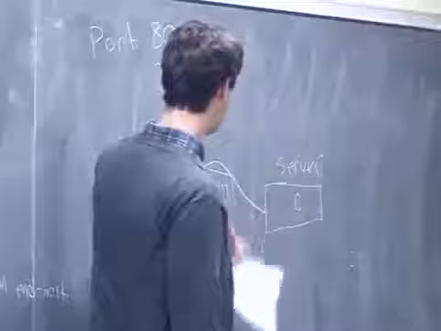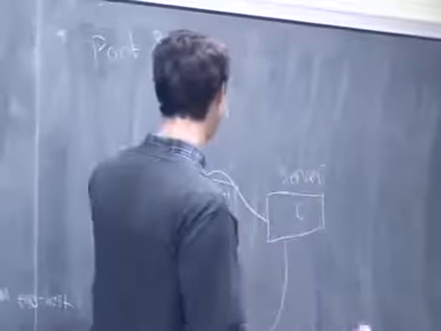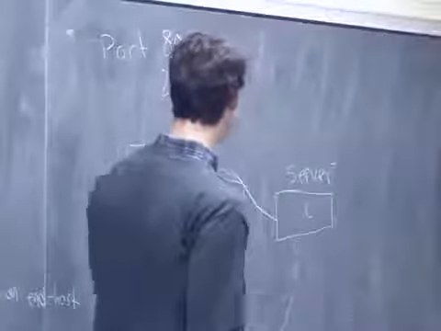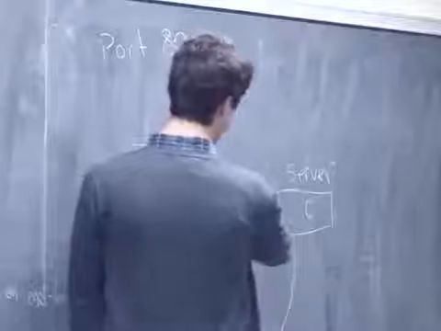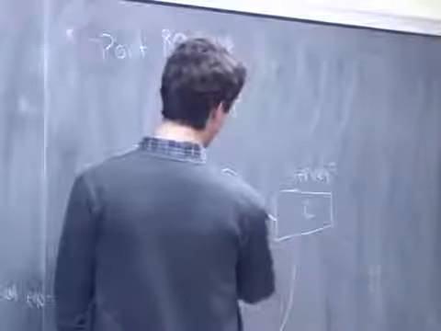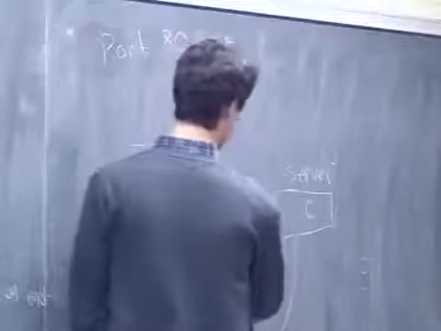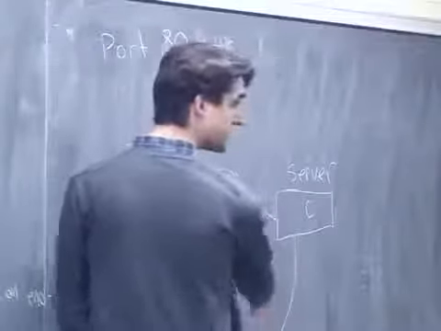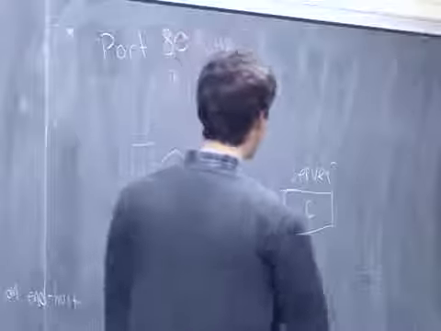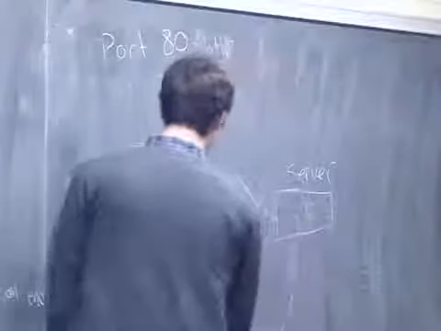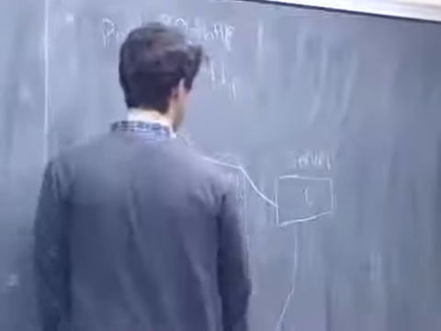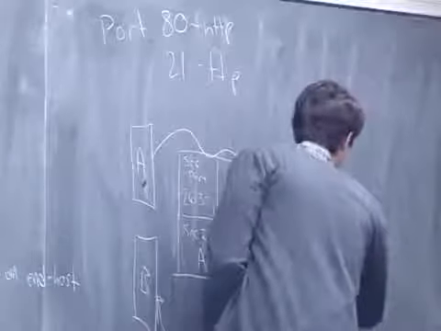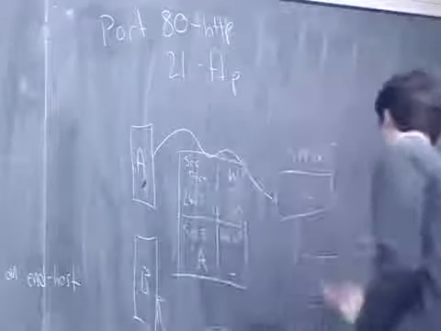So now, similarly, if B wants to talk to the server, then it sends a packet that looks almost identical, except this source port will be different and the source IP will be different. However, the destination fields will remain the same, right? And now let's say that the web server replies to B. So it replies with a packet whose header looks something like this.